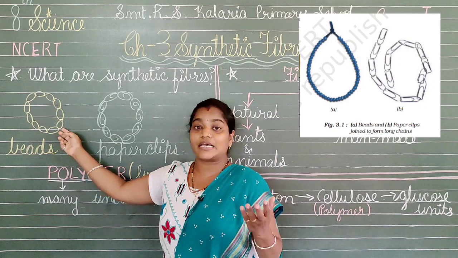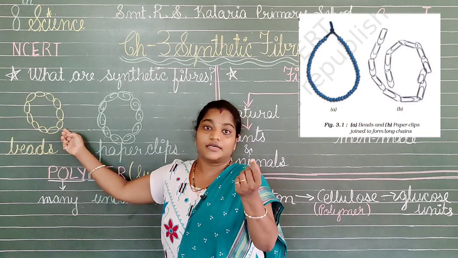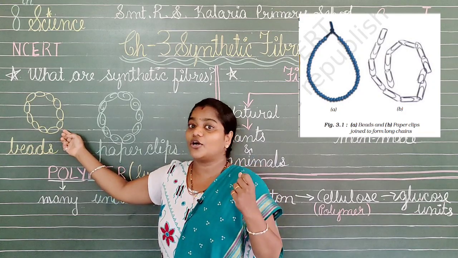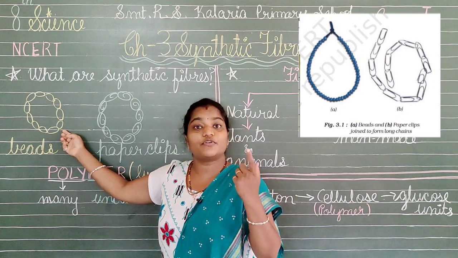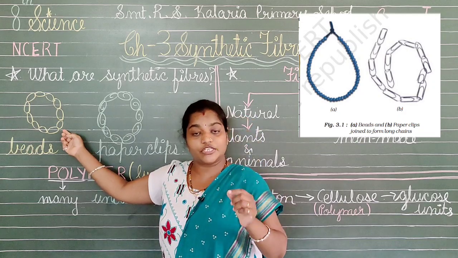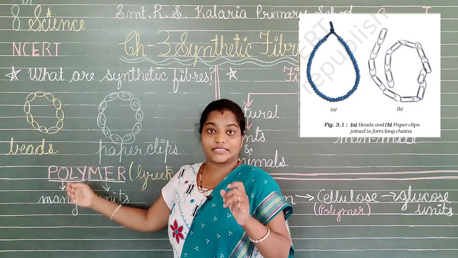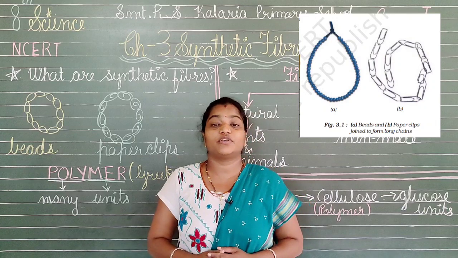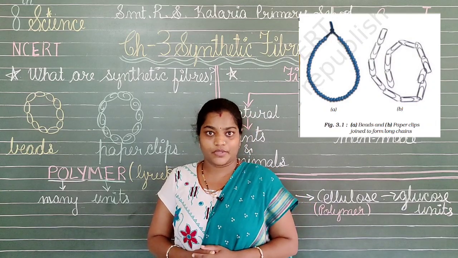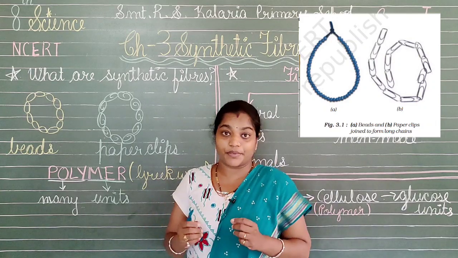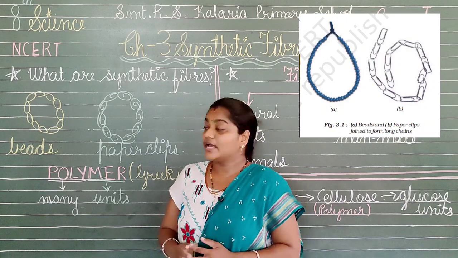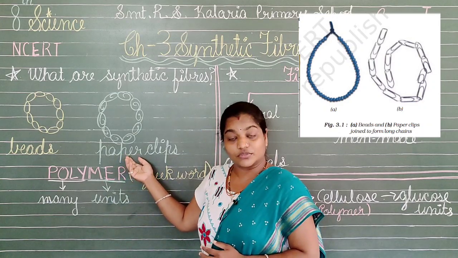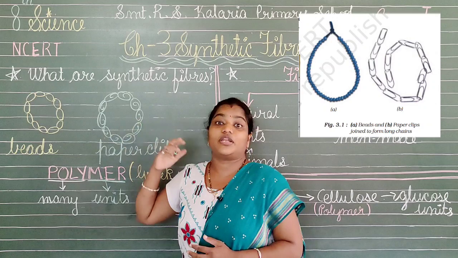When the beads are separate, they cannot form a necklace, but when they are all together, they will form a beautiful necklace held together in a thread. In the same way, you can try it out at home with paper clips, by joining these paper clips to form a series. Likewise, this is known as the polymer.